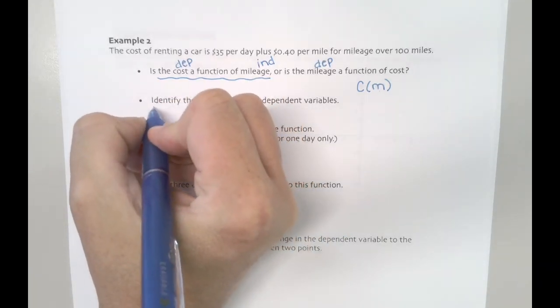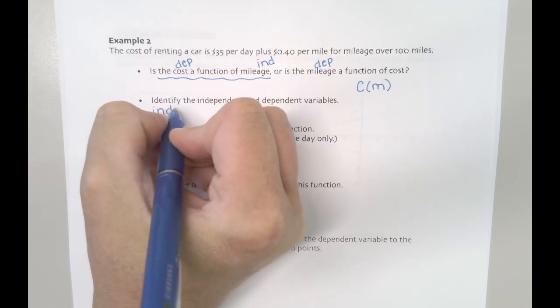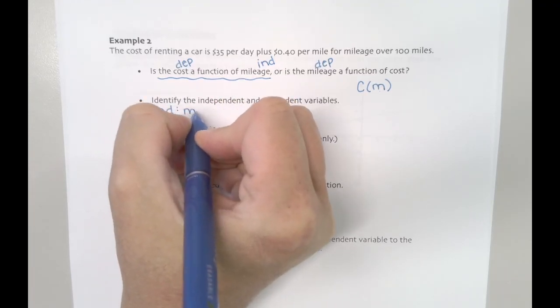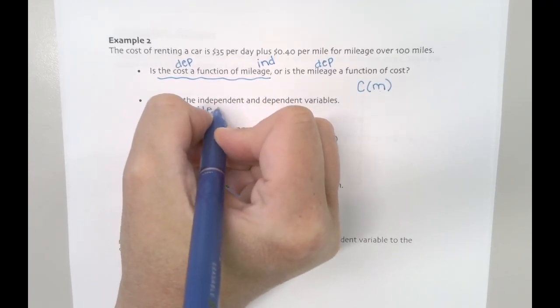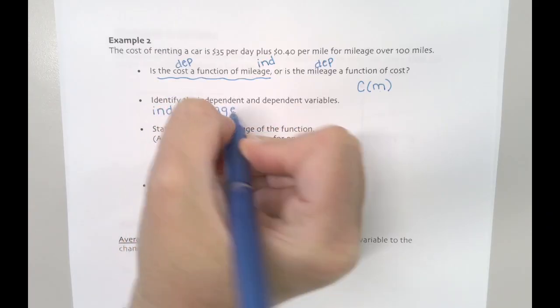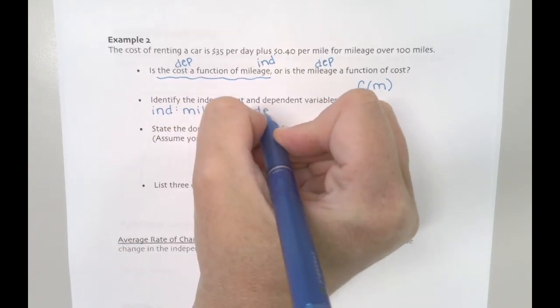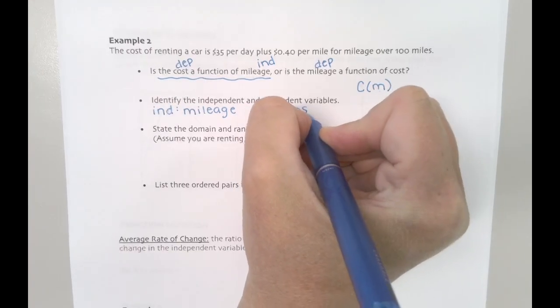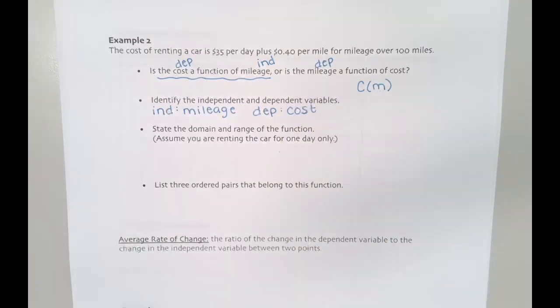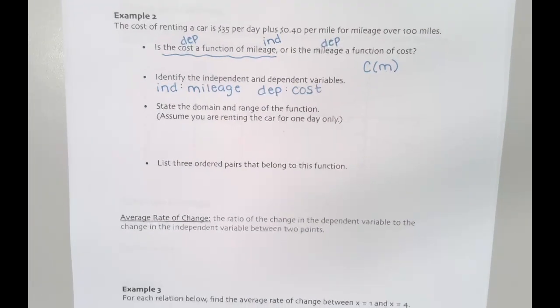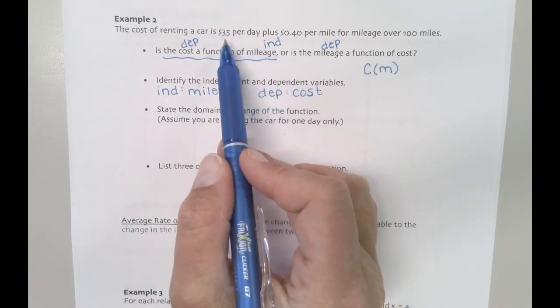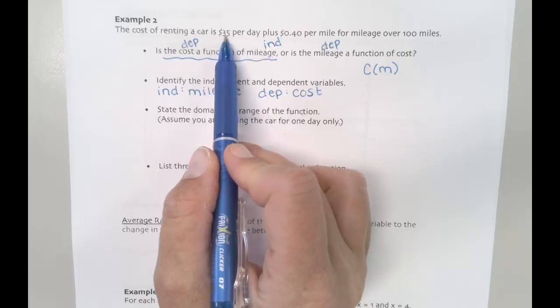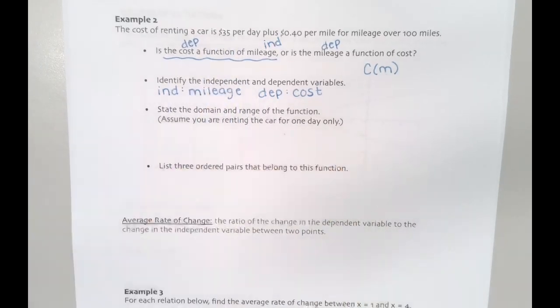I would say the independent is the mileage, and the dependent is the cost. Because, again, cost depends on mileage. Okay, we are doing a one-day rental, so we don't really have to worry about this $35 per day. We are for sure going to be paying this $35, but just once.